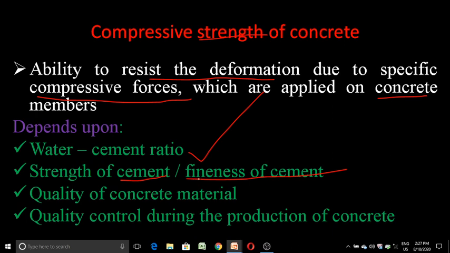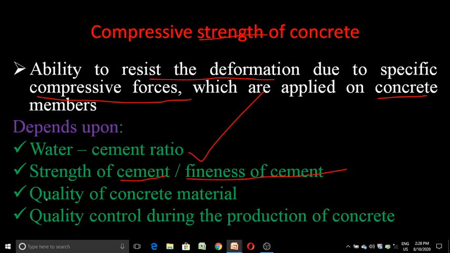So the finer the cement, the surface area of the cement will be more. That more surface area will attract more water, so there will be more development in the heat of hydration. Then more strength will be generated in the concrete. That's why the compressive strength of concrete depends upon the fineness of the cement.